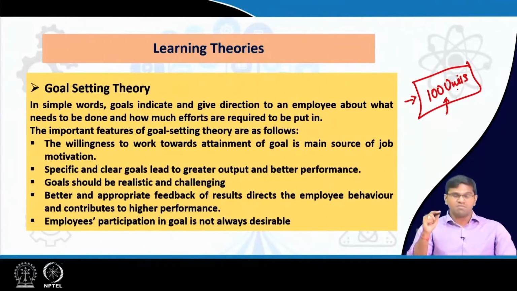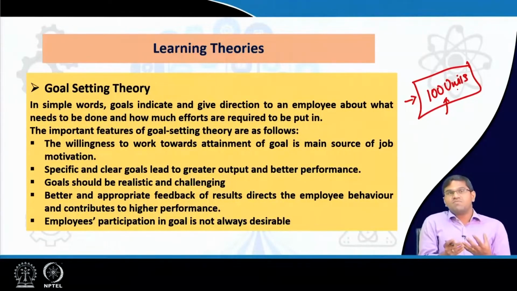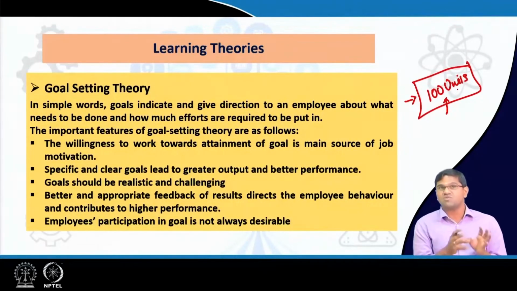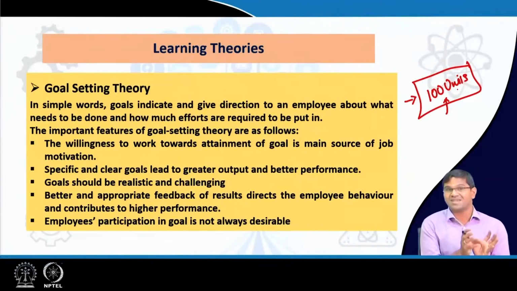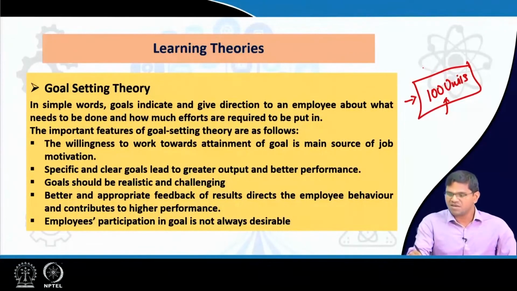If you want to understand how a goal can motivate people, there are important features of the goal setting theory. We cannot set goals which are unrealistic in nature, because that will itself act as a demotivator. Take the same example of 100 units. Let's say in an 8-hour shift a fairly capable employee can only produce 80 units.